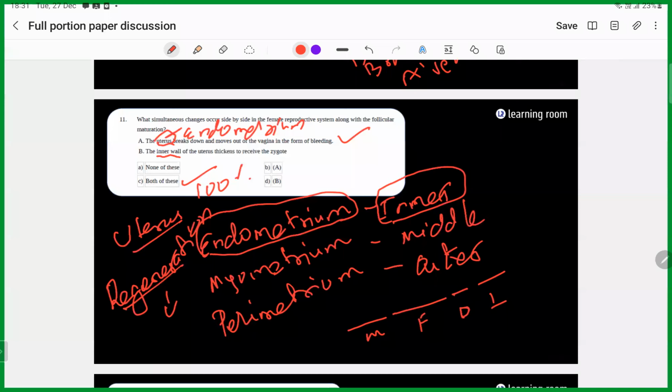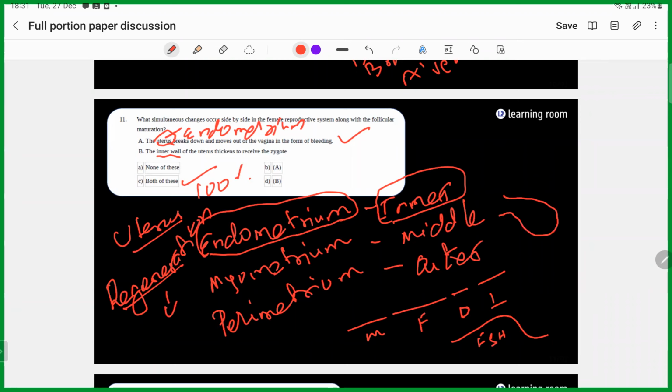Okay. You remember the 4 phases? And there is a chart in the menstrual cycle, you check in your book. In the initial stage, you have follicle stimulating hormone, in the oocyte development process.